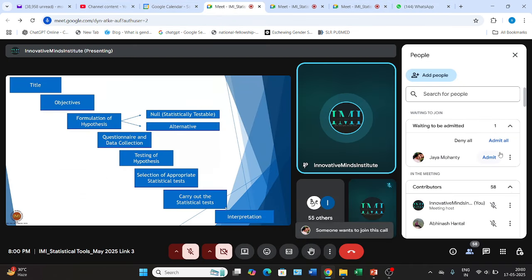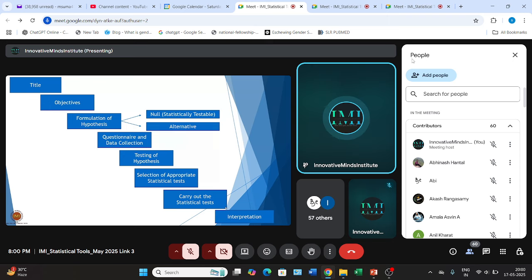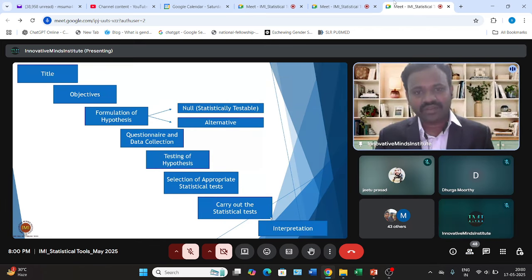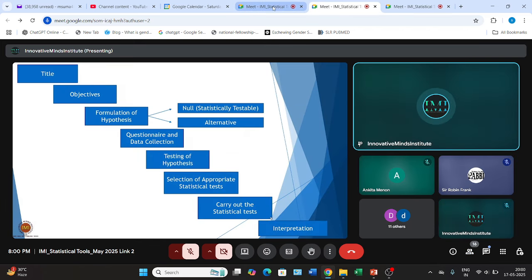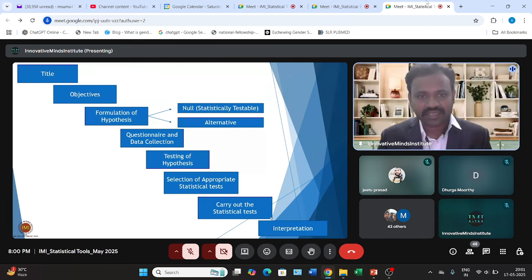I have seen some theses where even the scholars are comparing the p values with the alternative hypothesis. Surely you will end up with the wrong interpretation. That's why we are conducting this session. You should connect only with the null hypothesis, right? Let's move on to the next.